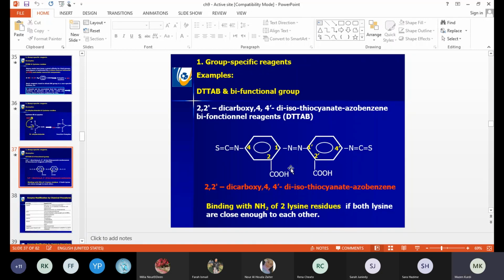So when we have a doubt that 2 lysines are present in the active site close to each other, you can use this molecule with a bifunctional group to interact with the 2 lysines involved in the active site, if these 2 lysines are close enough to each other, to inactivate the enzyme.